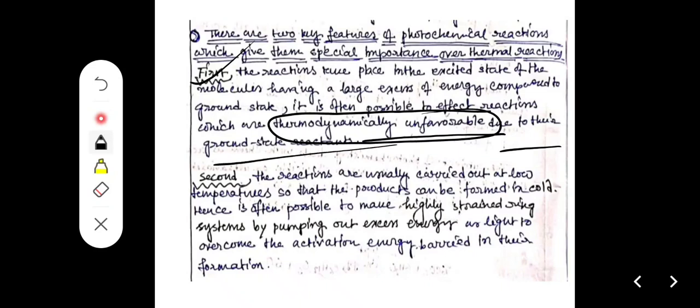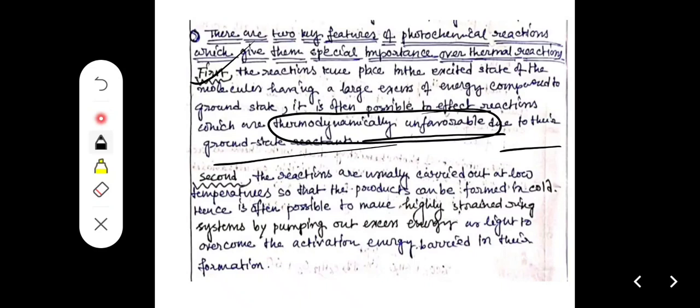Thermodynamically unfavorable reactions do not normally occur due to the ground state. But in photochemical reactions, the molecules, atoms or ions get excited and go to the excited state.